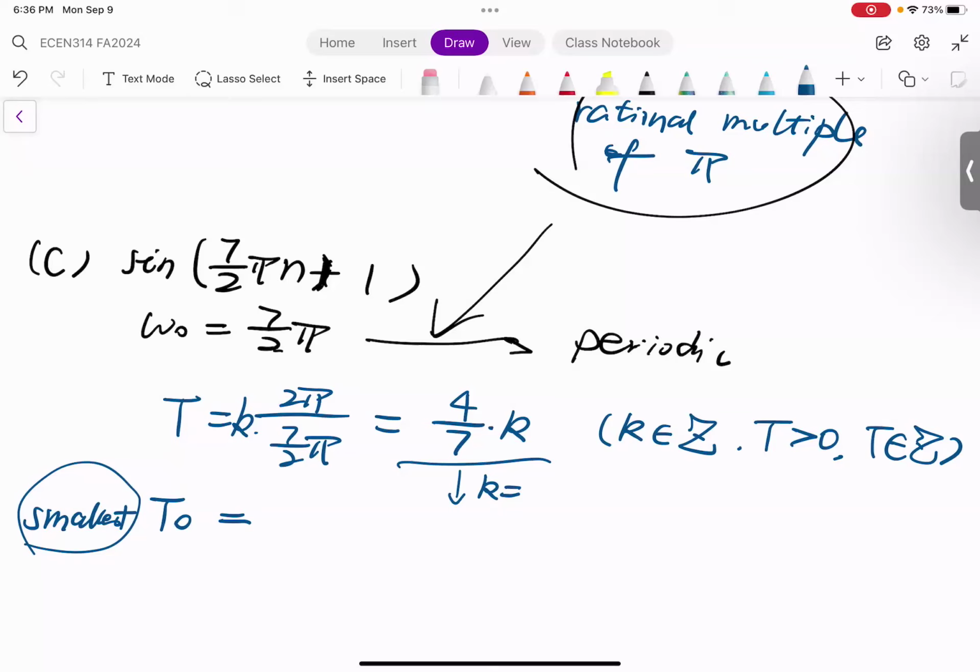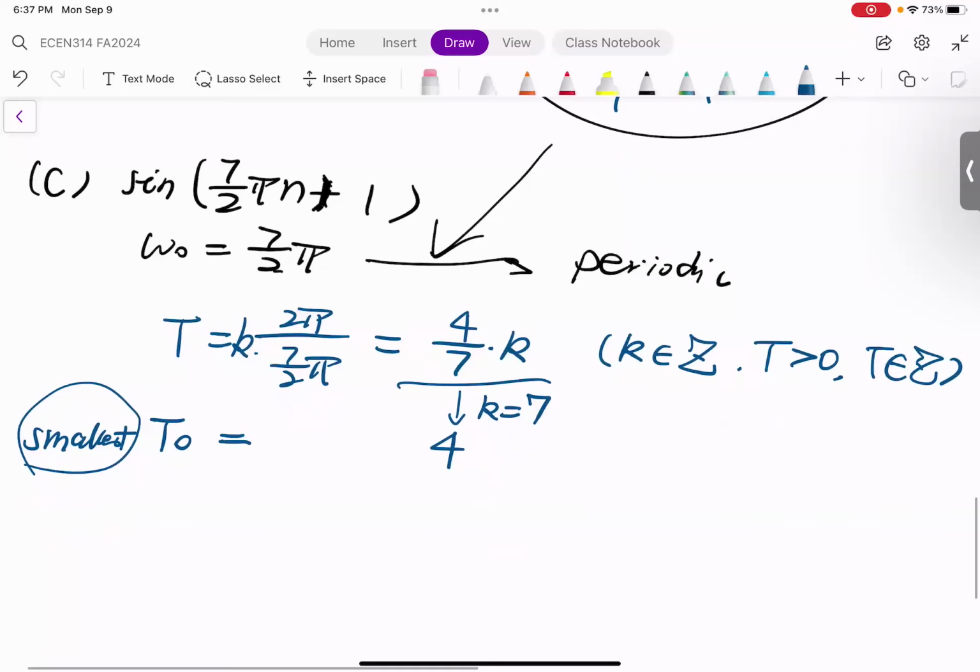So what's the smallest k that can make this 4/7 of a k still a positive integer? 7. Yeah, just like Philip said. When k equal to 7, we have the smallest period, called fundamental period. That's 4.